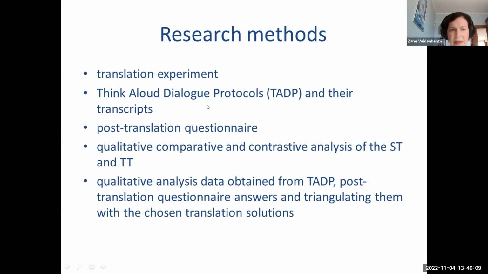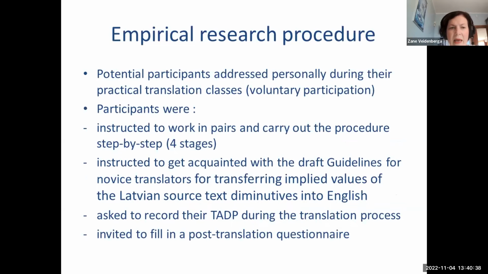They worked in pairs, and they filled in a post-translation questionnaire. And afterwards, I analyzed these translations, responses to the post-translation questionnaire, and also transcripts of the think aloud dialogue protocols, and compared these data with the translation solutions chosen by research participants.